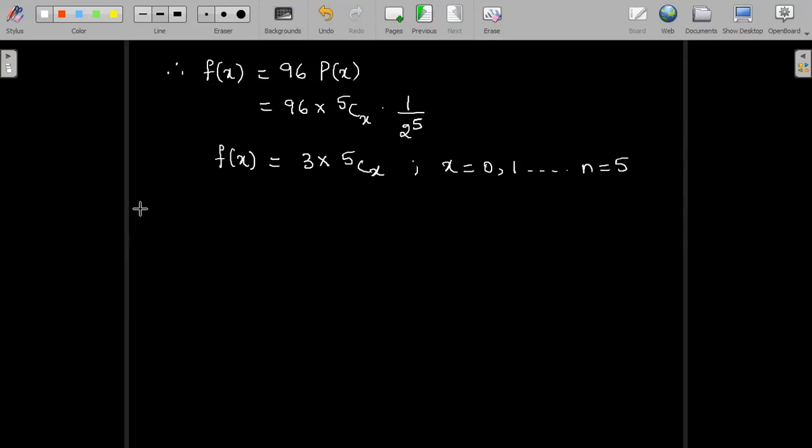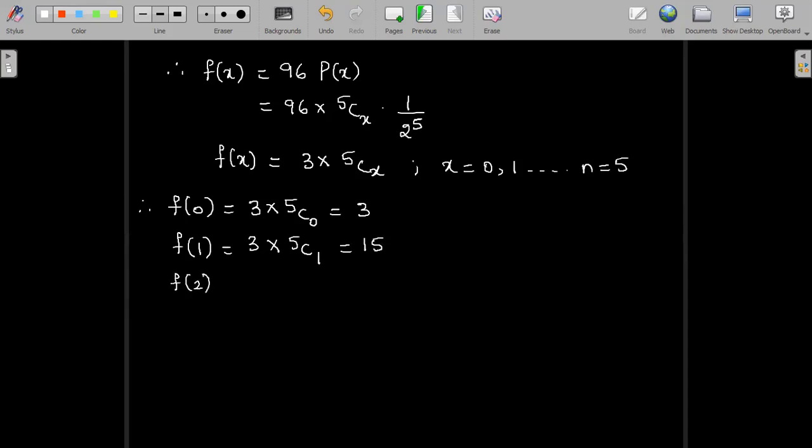So, this gives f of 0. X is equal to 0 we are putting. So, this is 3 into 5C0, which gives us 3. Similarly, f of 1 I can find out: 3 into 5C1. 5C1 is 5. So 5 into 3, this will be 15.